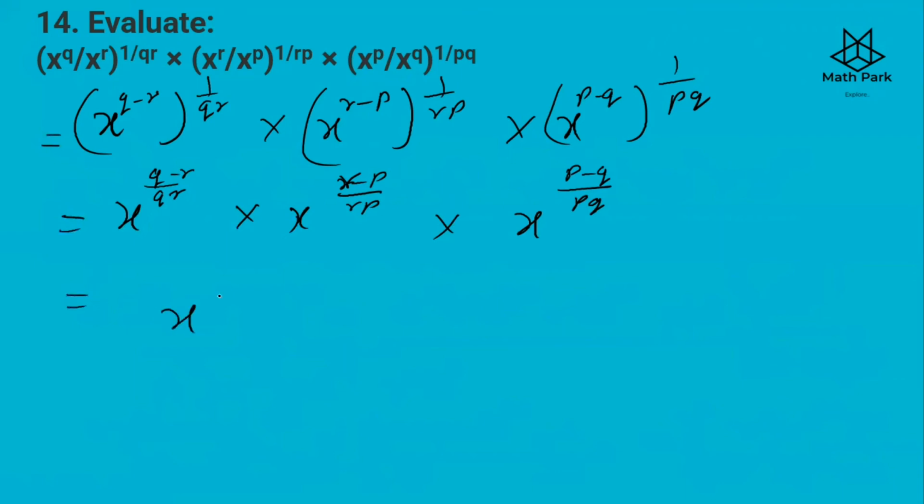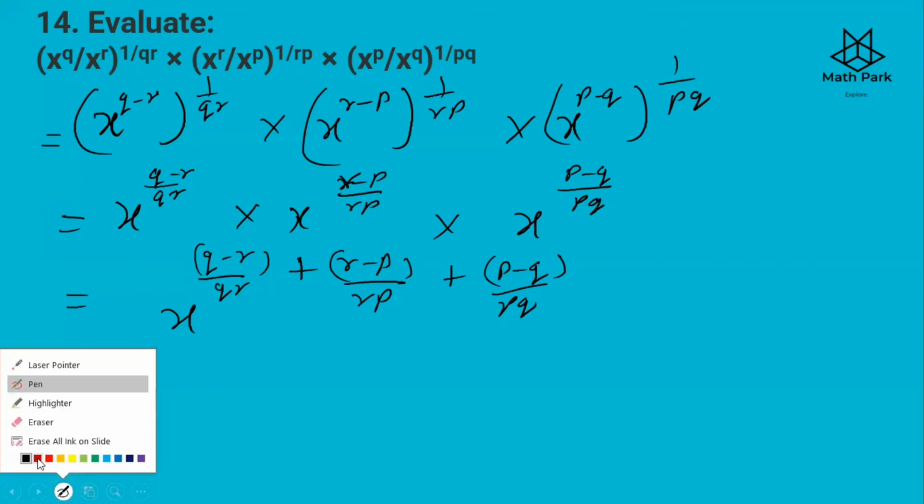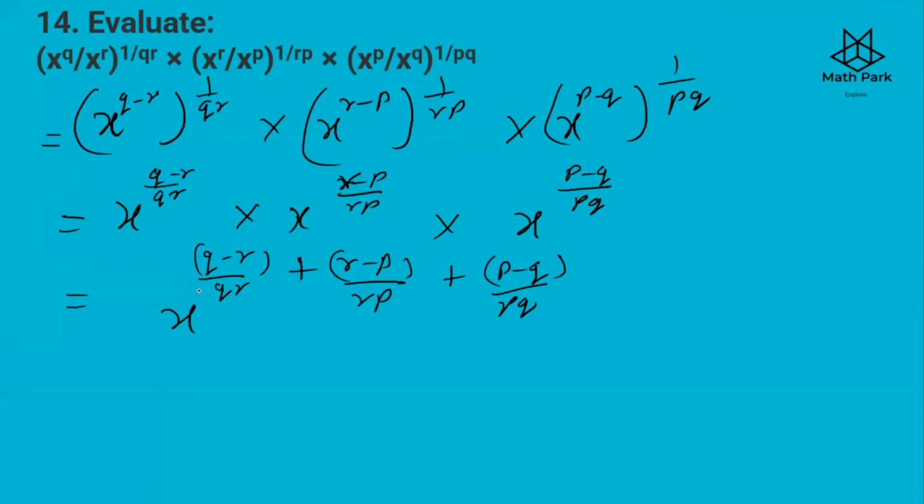So we get x raised to q minus r upon qr plus r minus p upon rp plus p minus q upon pq. Now we can take the LCM here. So we have qr here, rp here, pq. So here what is missing? We are missing p here. So here we'll have to multiply by p, so into p upon p. Here you have to multiply by q, so q and q.